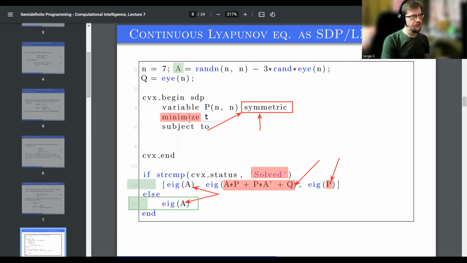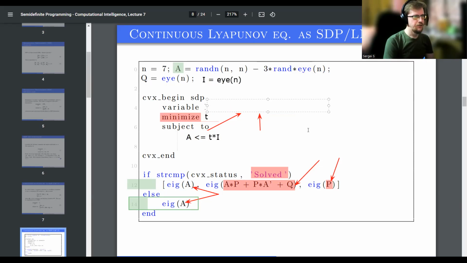Instead, we would have one condition which says A is less than or equal to tI, and the variables here would be, instead of P, it would be A, and you would have an additional variable t.